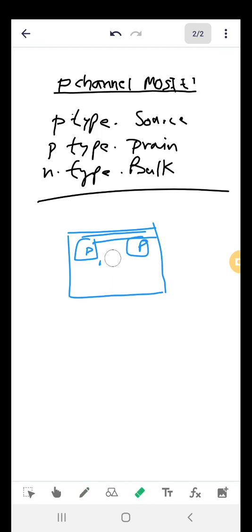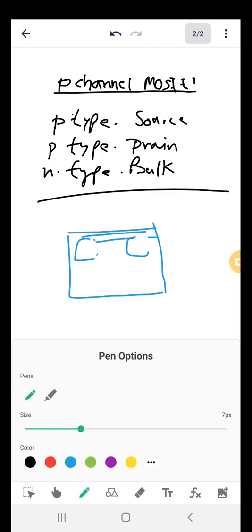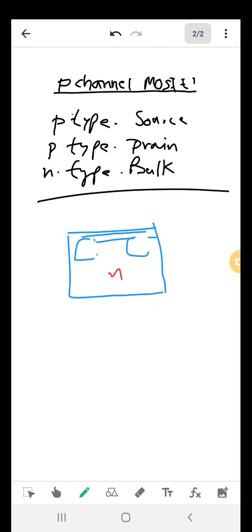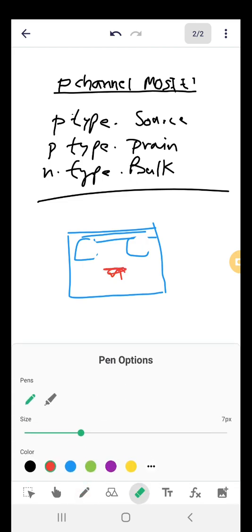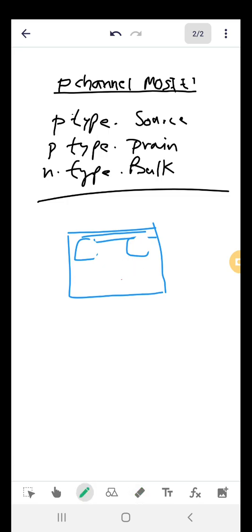For example, this N and this P will be replaced: this will be then N, this will be then P, this will be N, and this will be N. So this is an N-type MOSFET.